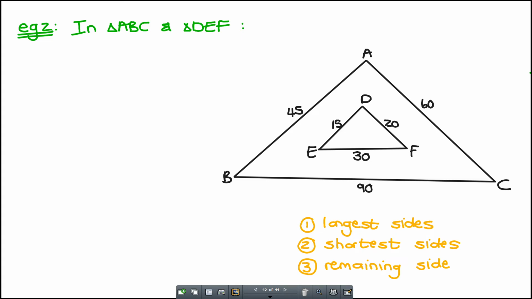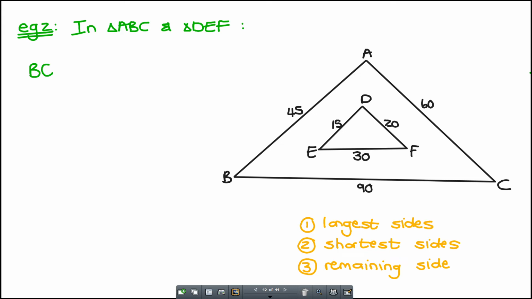So when I talk about the longest side, in the big triangle ABC, which side is the longest one? Have a look, 45, 60, and 90. So the 90 is the bigger one. So I'm going to say BC.